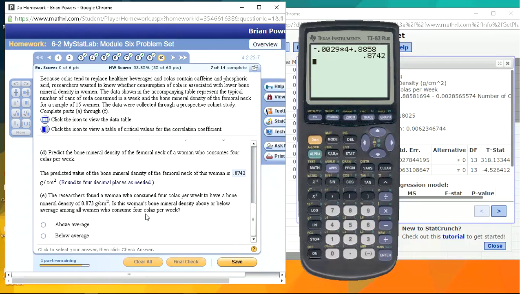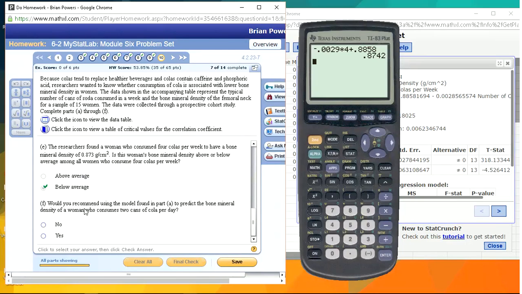And if some woman who drinks 4 cans of cola has 0.873, that is a little bit less than what the model would predict. That's below average. Would you recommend using the model to predict the bone mineral density of a woman who consumes 2 cans of cola per day?